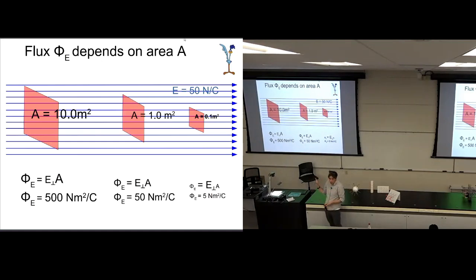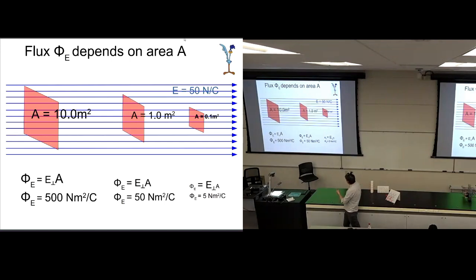I'm going to go through these pretty quickly because on each slide it's kind of the same picture of surfaces in fields, with different sizes, different orientations, or different strength fields, and I'm just comparing how the fluxes are through those surfaces. Speedy Gonzales is an international symbol that you can go pretty fast on these slides.